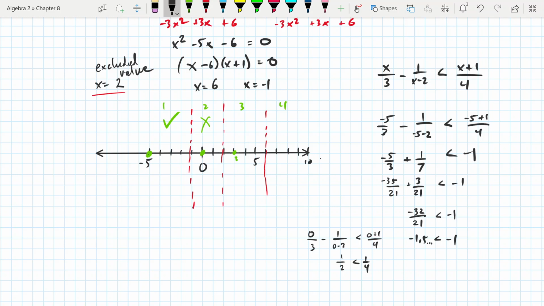Okay. So 3 over 3 minus 1 over 3 minus 2 is less than 3 plus 1 over 4. So 3 over 3 is 1, minus 1. Is that less than 1? Well, 0 is less than 1. It works out.